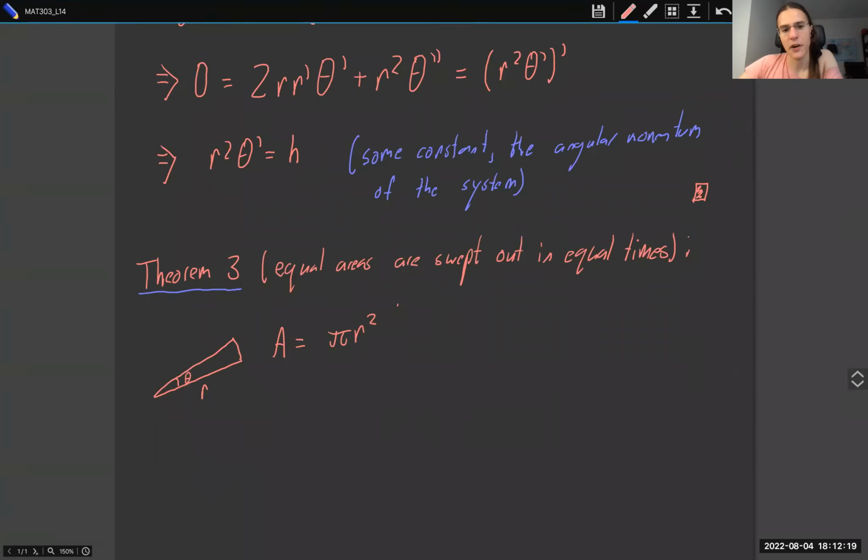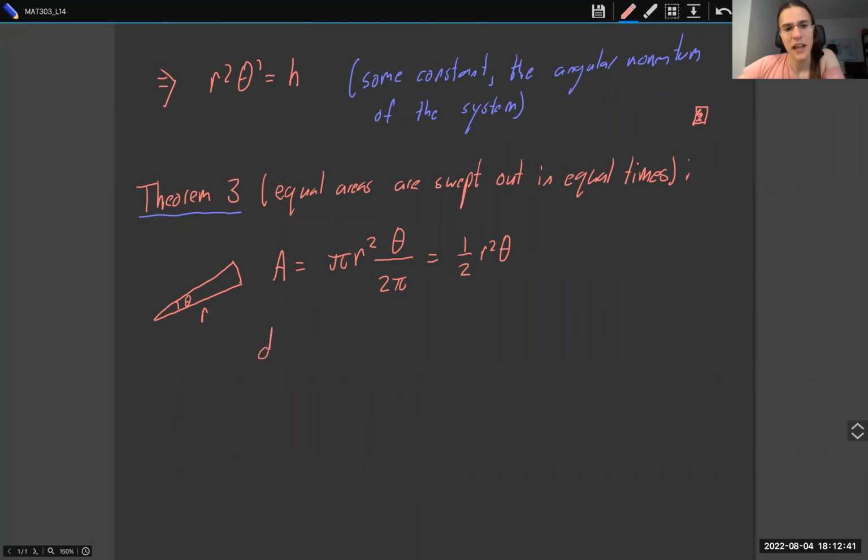So what we get is the infinitesimal change in area. If we imagine that all of these are functions of time, let's write a prime.